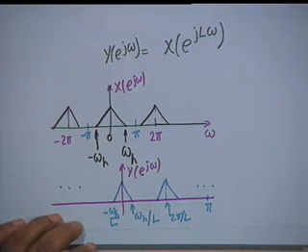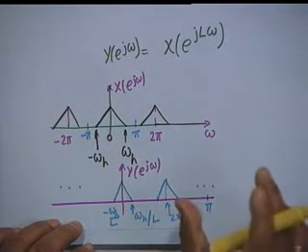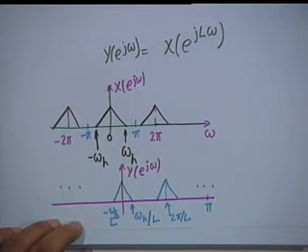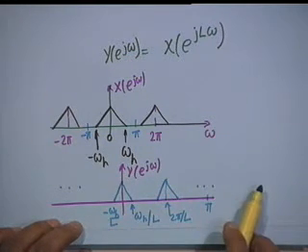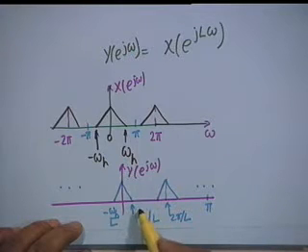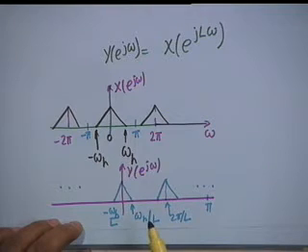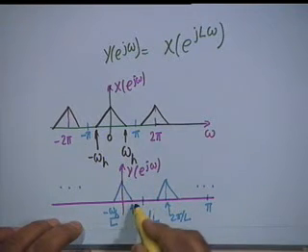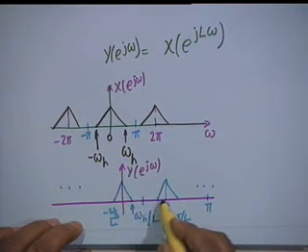In upsampling you necessarily have to follow the upsampler by a low pass filter, isn't that right, to get rid of all the repetitions, and the low pass filter cutoff frequency must be omega h by L or slightly more than omega h by L, but before the next spectrum starts.